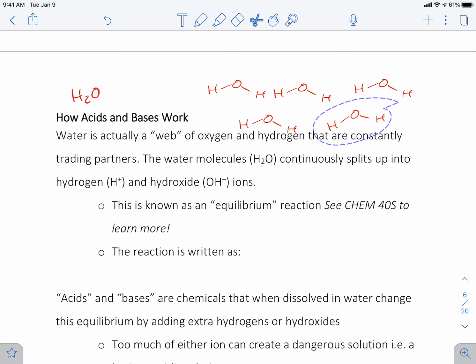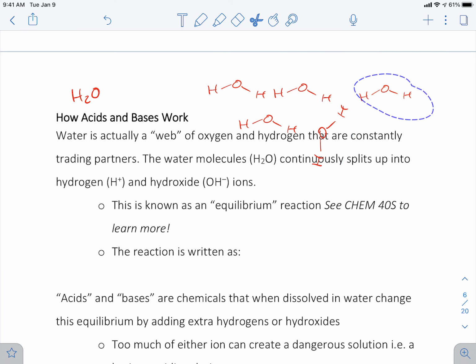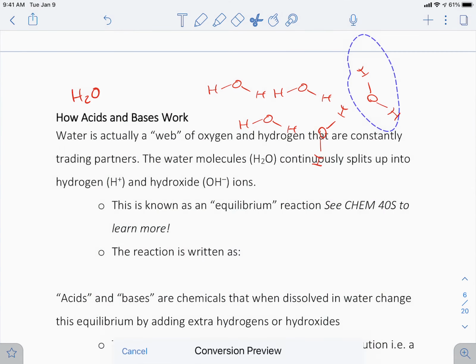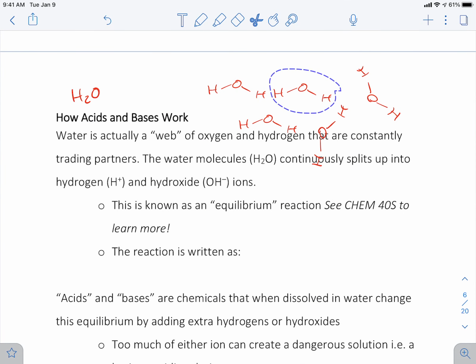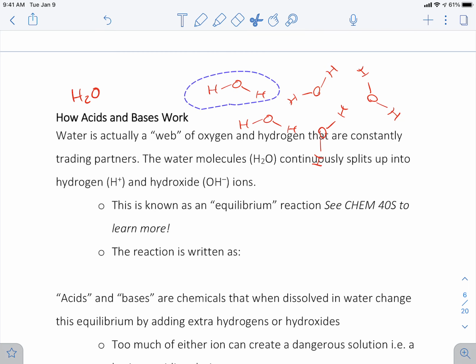But what we really want to do when we think about water is arrange it more like a web, where the hydrogens and the oxygens are kind of looking towards one another. It gets even more interesting in that it's not exactly clear where one water begins and one water ends.